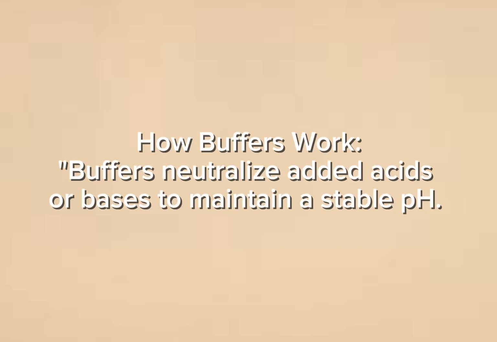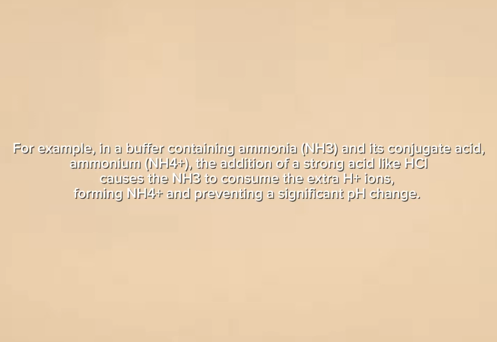How do buffers work? Buffers neutralize added acid or bases to maintain a stable pH. For example, in a buffer containing ammonia and its conjugate acid ammonium, the addition of a strong acid like HCl causes the NH3 to consume the extra H+ ions, forming NH4+ and preventing a significant pH change.